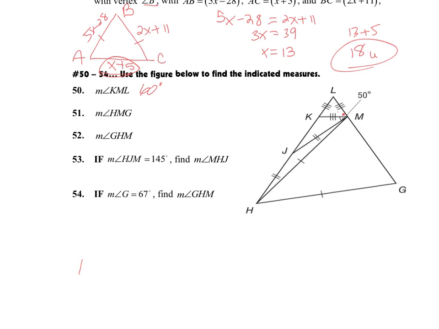If this measurement right here is 60, and this measurement here is given to me as 50, all I would need to do is take 180 and subtract out the 60 and then subtract out the 50, and then that is going to tell me that this angle right here is going to have to end up being 70.